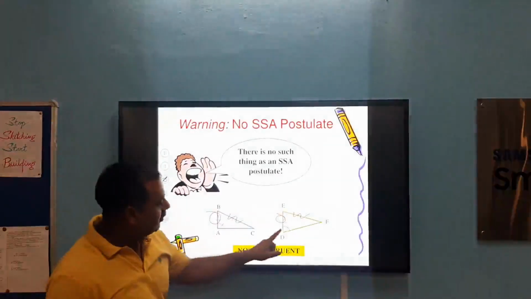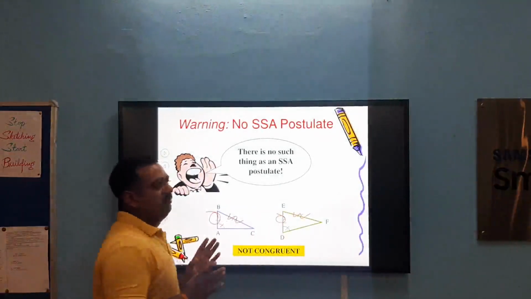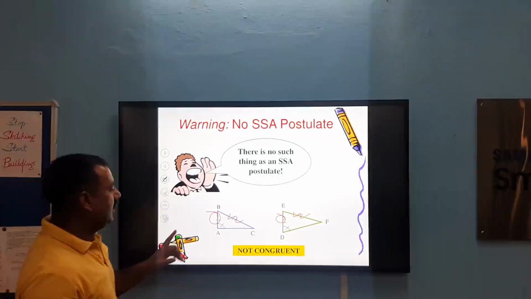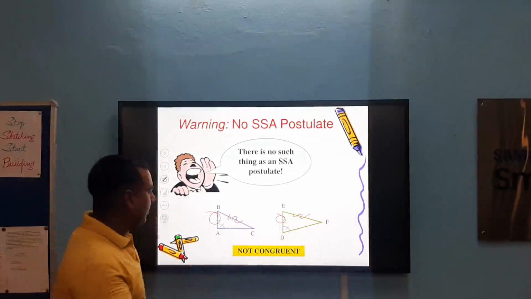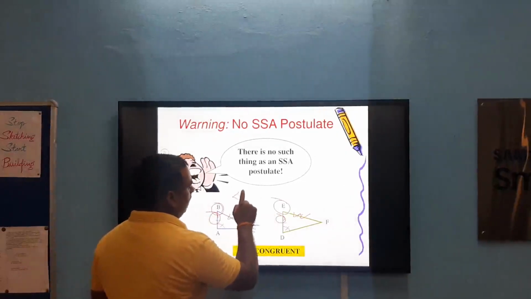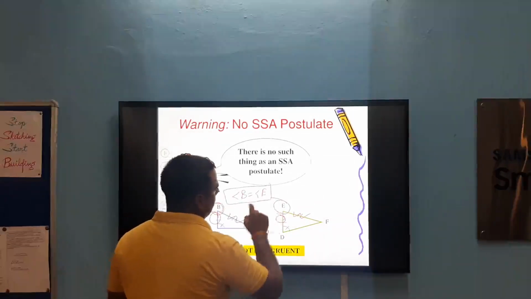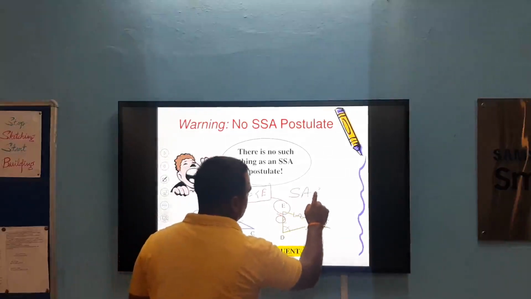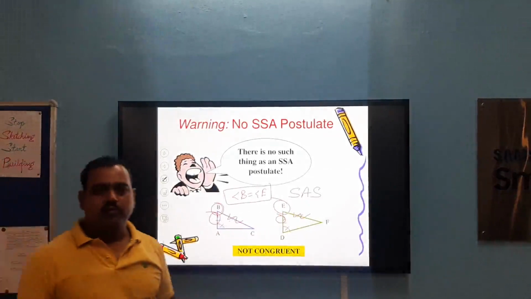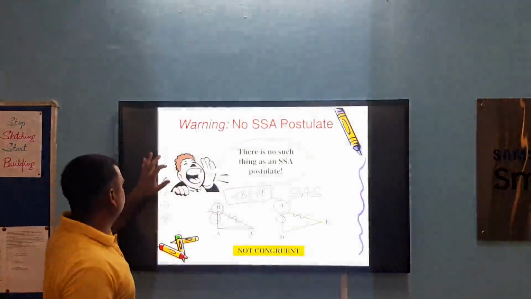But the angle which is equal is not the included angle. So these two triangles may not be congruent. To prove these two triangles congruent, we must know that angle B is equal to angle E. If we know angle B is equal to angle E, then by using SAS, side, angle, side, we can prove these two triangles congruent. Otherwise, we cannot prove these two triangles congruent.